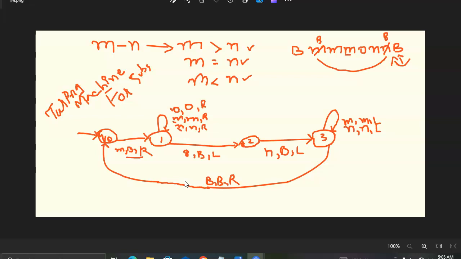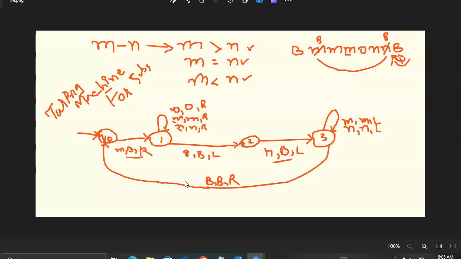Upon reaching the rightmost blank, we leave this blank as it is and move towards the left, and we replace the first N that we find with a blank. Here we have successfully replaced the first N with a blank.